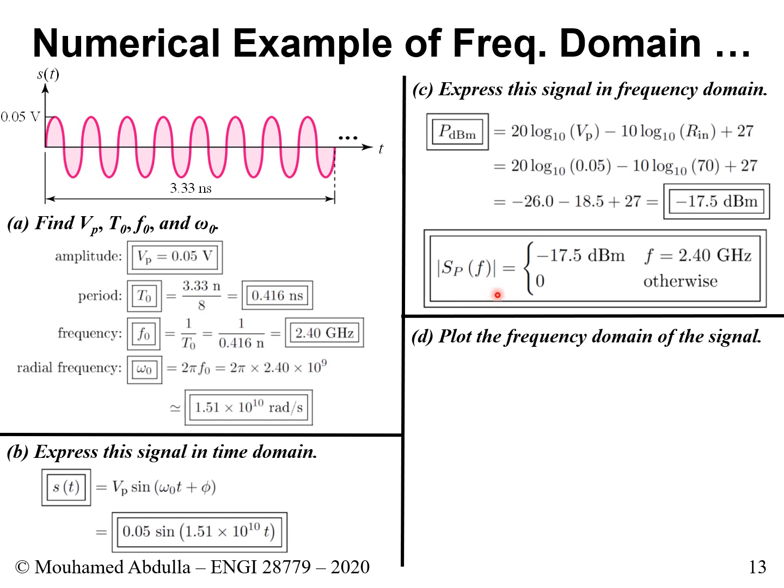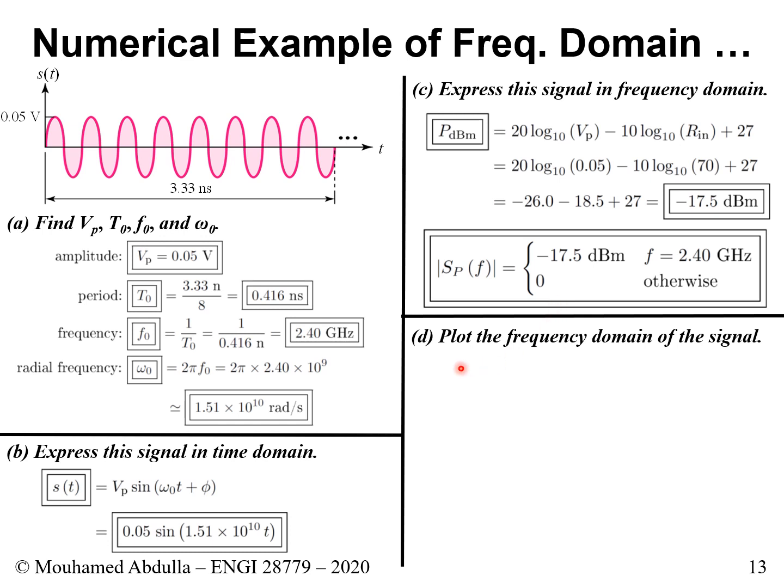You just write the value of the power, so it's minus 17.5 dBm, and this only shows up as a spike at the frequency of 2.4 gigahertz. And everywhere else, for all other frequencies, 1 gigahertz, 1.5 gigahertz, 1.2 gigahertz, whatever it is, you get 0. So that's kind of a model or a mathematical notation of how your spectrum analyzer sees it.